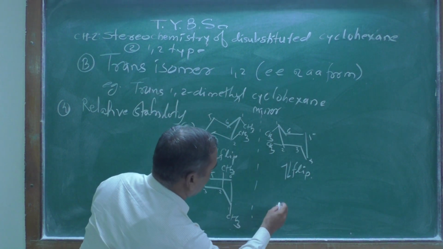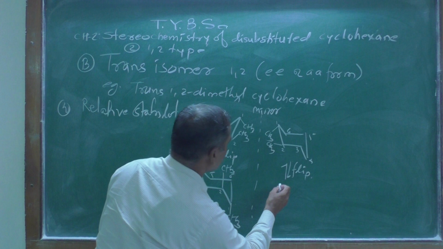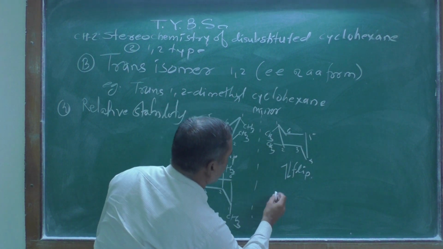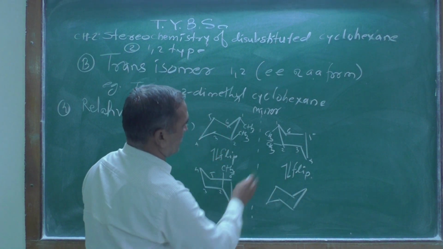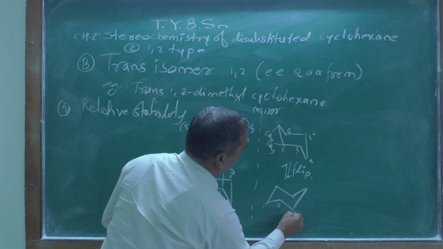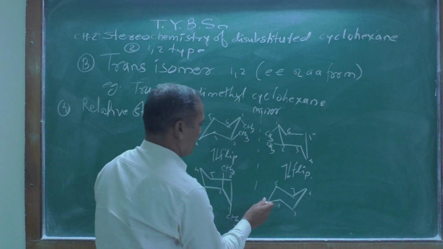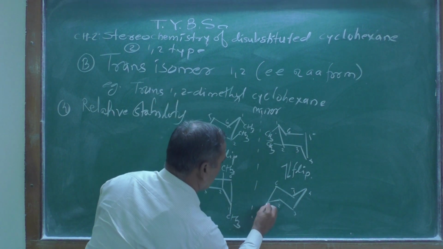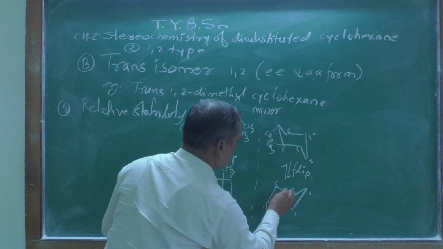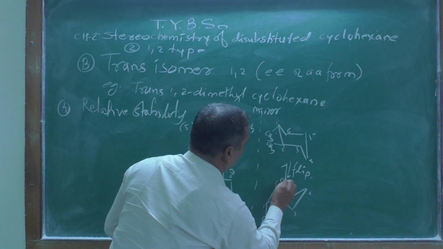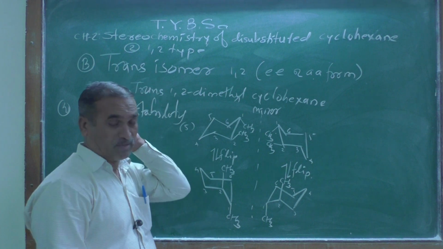Now after that, what do you get here? This one is going to get here. This is another structure. This is carbon number 1, 2, 3, 4, 5 and 6. This equatorial becomes an axial one at position 2. This equatorial again becomes an axial one.